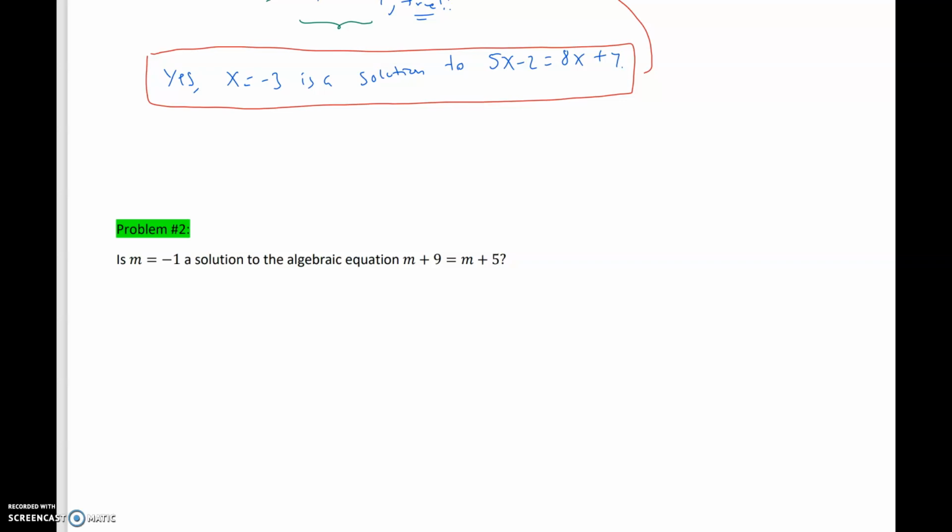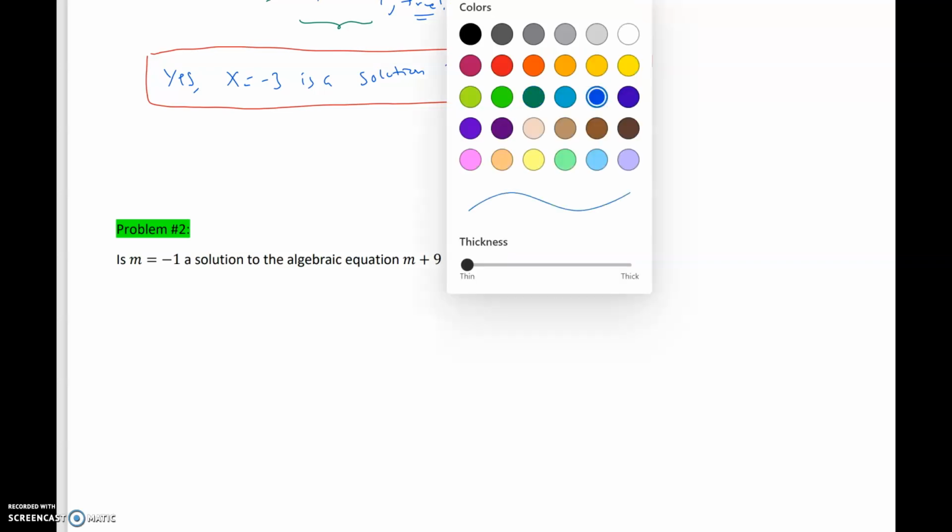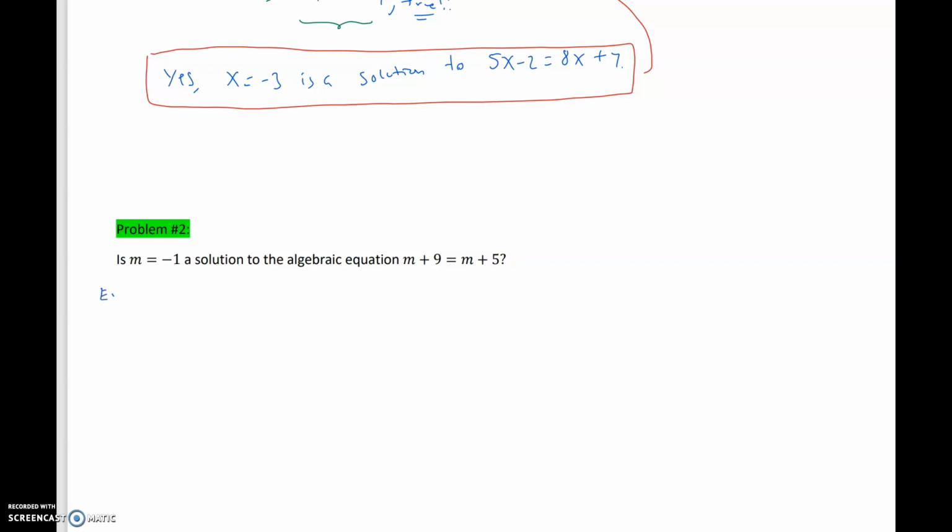And in example 2, they're looking for m is equal to -1. So in this case, evaluate m is equal to -1 into m plus 9 is equal to m plus 5. And remember that when you're plugging it in, well, you're evaluating it into the m. The order matters. So here, I'm just going to keep the -1 plus 9 is equal to a -1 plus 5. So on the left hand side, we end up with 8.